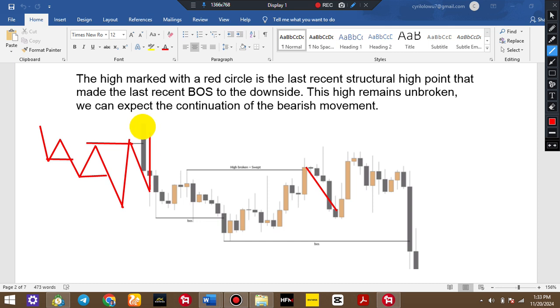Now that is giving you an impression that price has broken liquidity. This first one was a liquidity sweep, not a break of structure. So don't use a liquidity sweep as a break of structure or change of character. Because if you watch very closely, even the candle that went above it didn't close with a full body. So there was no tendency that price is going to make any move. So this first one was a liquidity sweep.